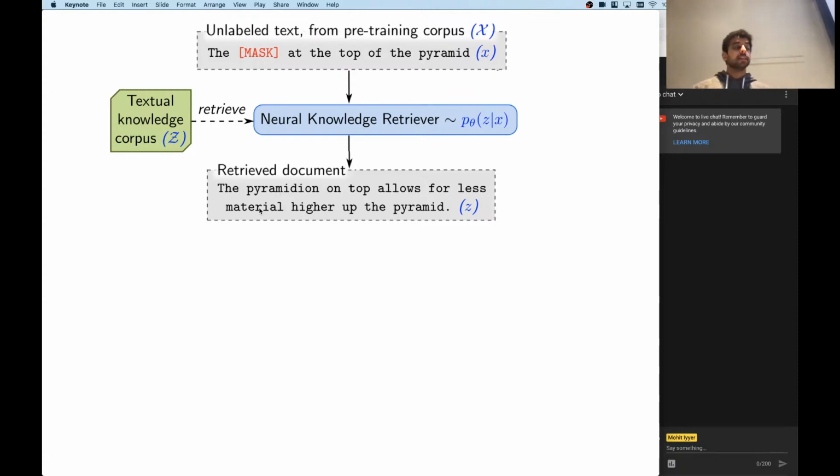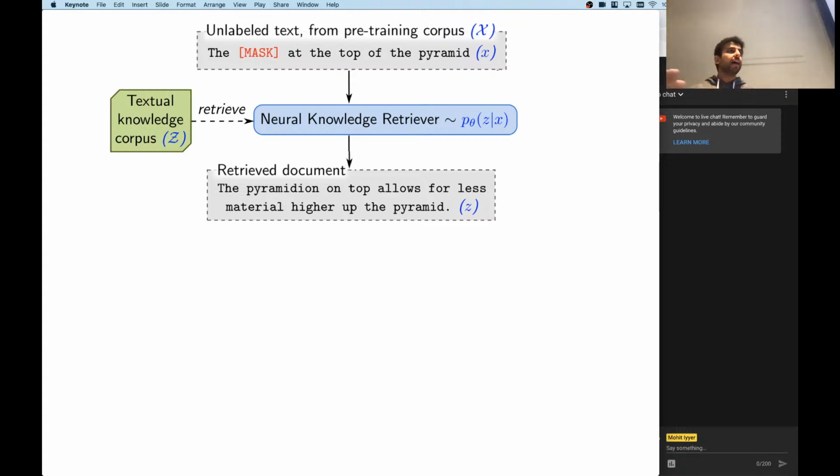As you can see in this example, they retrieved a paragraph that said the pyramidion on top allows for less material higher up the pyramid. So this document contains hopefully the correct answer to this mask token, right? This says the pyramidion is at the top of the pyramid.